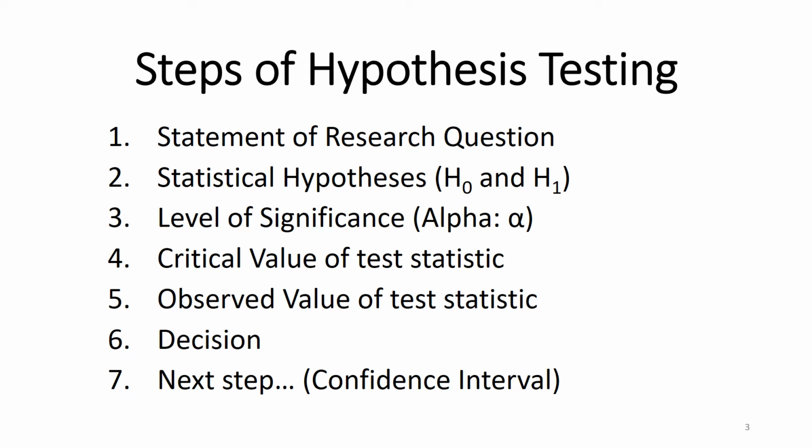Our decision is to accept one of the statistical hypotheses or the other. We cannot have everything and we cannot fail to make a decision. We have to choose one hypothesis. Once we get to that, we will start to think about the notion of confidence intervals, but we'll save that for the next lecture. All right, so let's take a look at these steps of hypothesis testing.